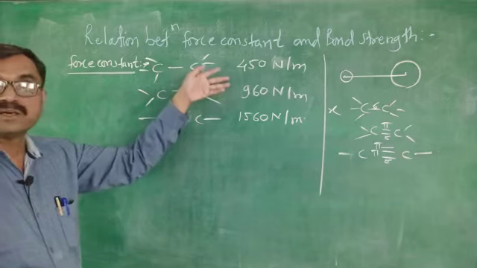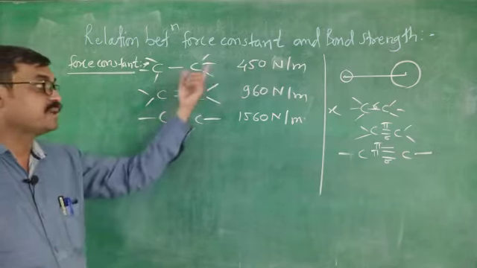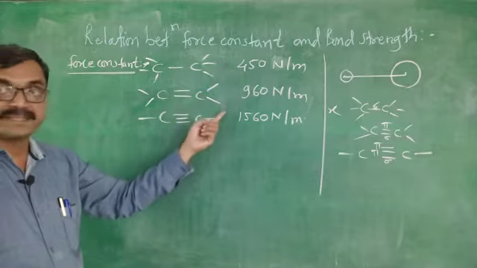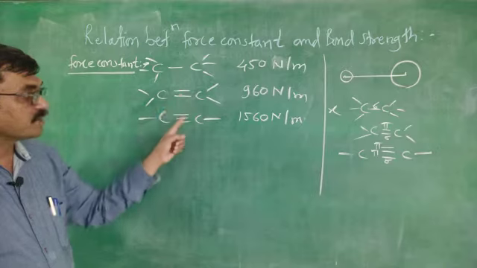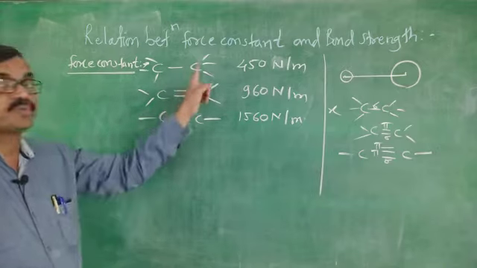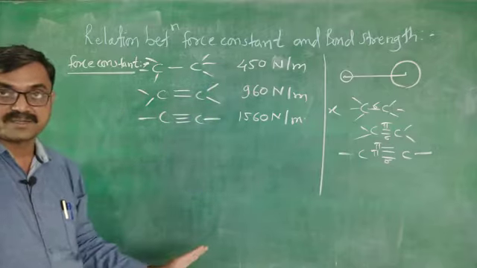Why? Because the restoring force per unit displacement increases as the bond strength increases. Here bond strength goes on increasing, the number of bonds increases, bond order increases from top to bottom. That's why the force constant also increases.